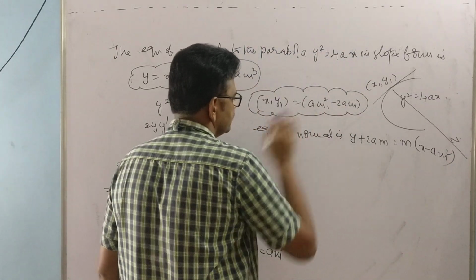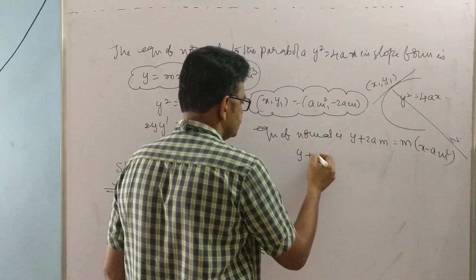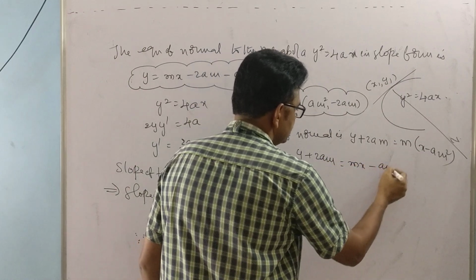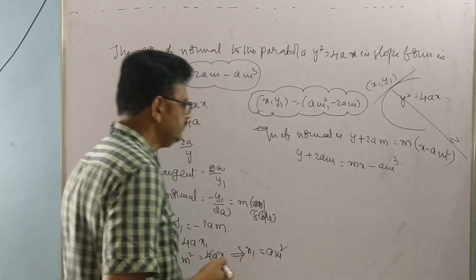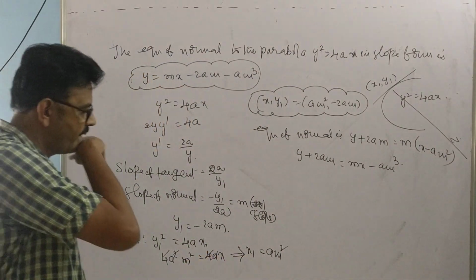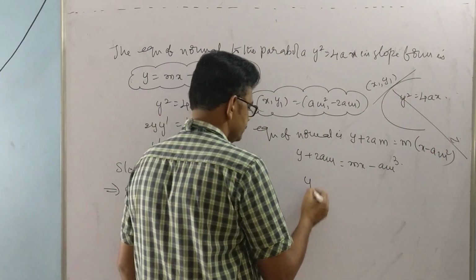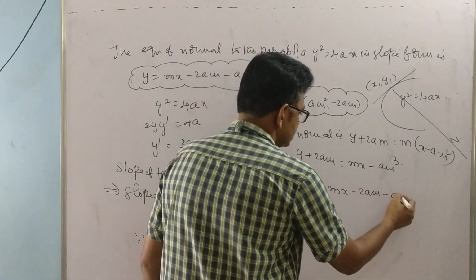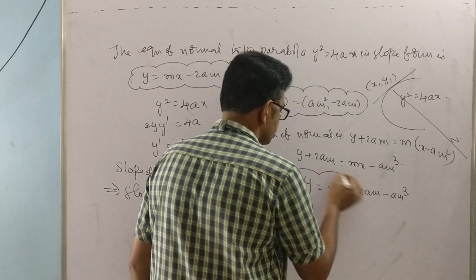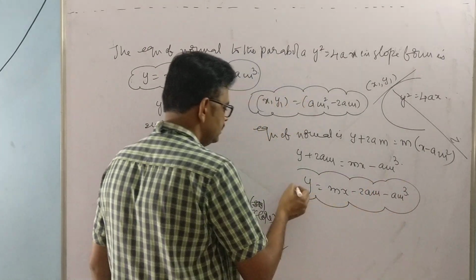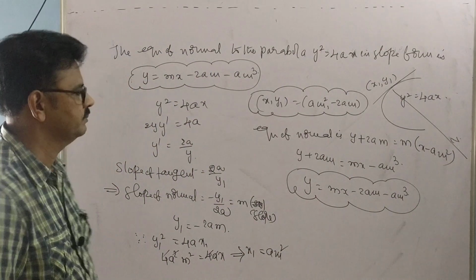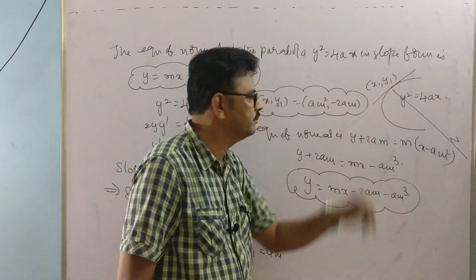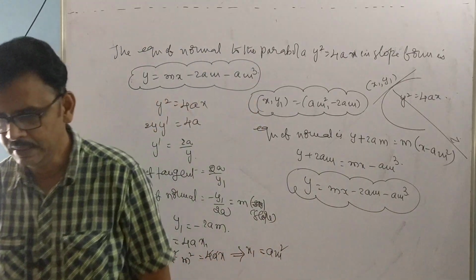So y plus 2am is equal to mx minus a m cube. Therefore y is equal to mx minus 2am minus a m cube. So this is the equation of normal in slope form, and this is called the foot of normal, am square comma minus 2am.